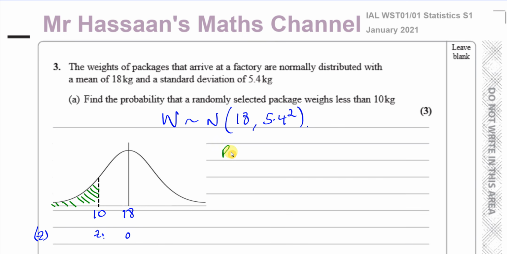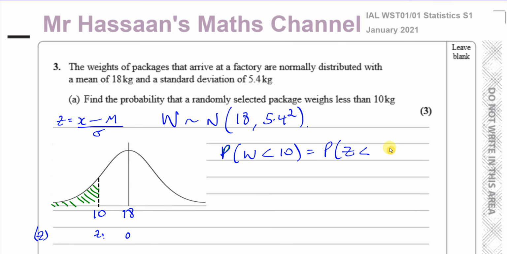We want to find the probability that the weight is less than 10 kilograms, which is equal to the probability that z is less than... Now we've got to standardize this 10. To find how many standard deviations it is away from the mean, we use the formula z equals x, the amount you're trying to standardize, minus the mean mu, over sigma, the standard deviation.